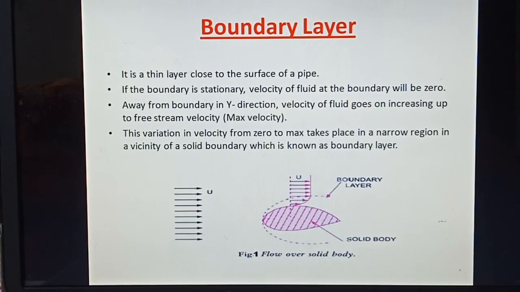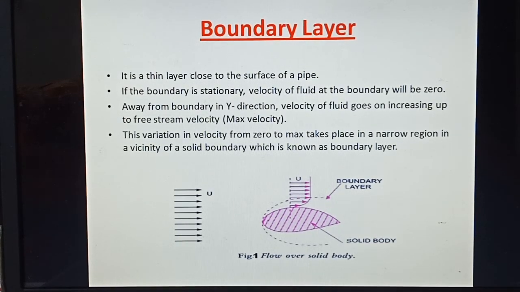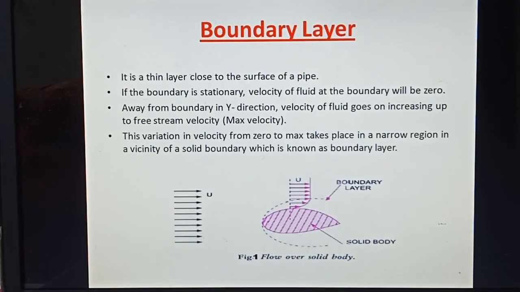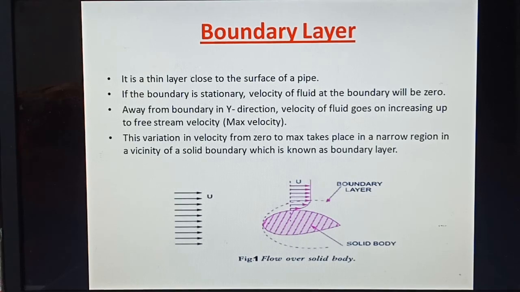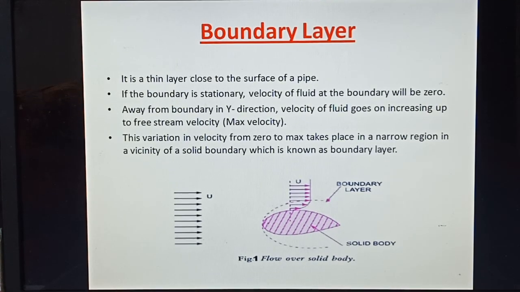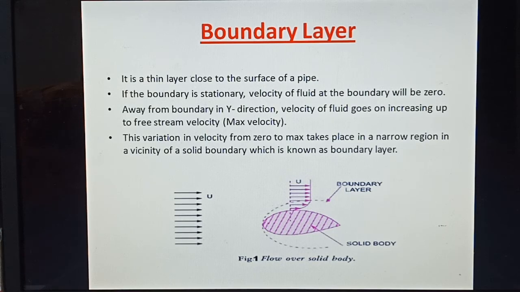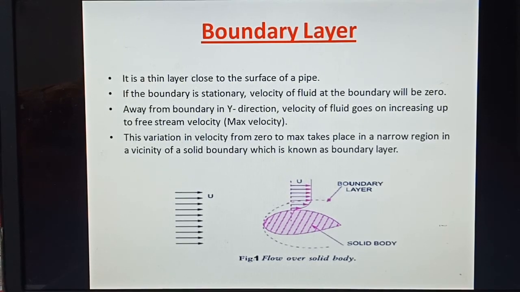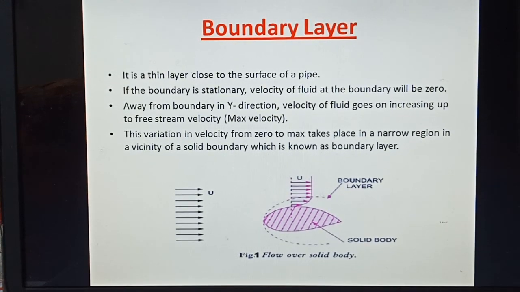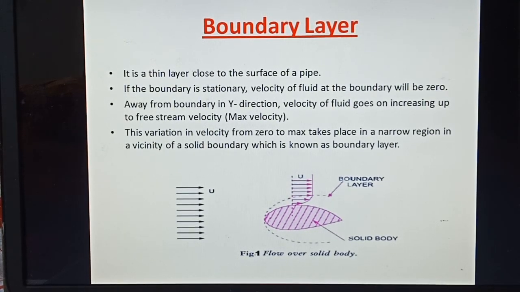In this figure, you can see that the curve shown with the help of a dotted line near the surface of a solid body is your boundary layer region. And along with that, you can also see the variation in velocity. At the surface of a solid body, the velocity is 0, and as we move away from the surface, the velocity goes on increasing and becomes maximum, equal to capital U. Capital U is our free stream velocity or maximum velocity.